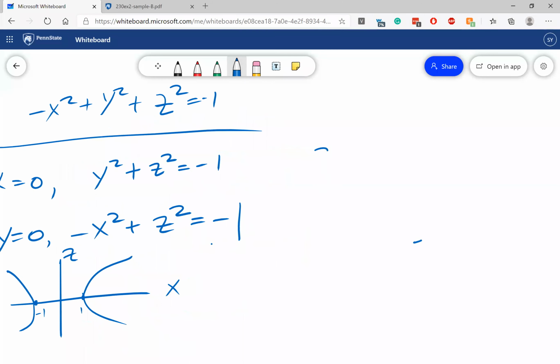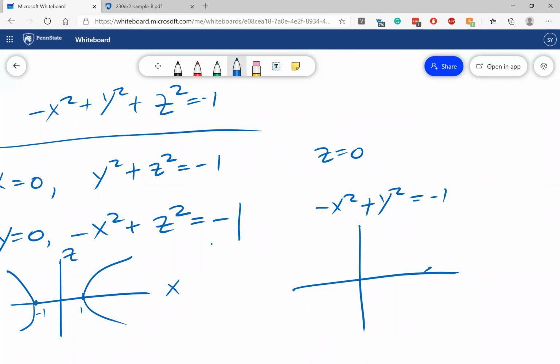And then for z is equal to 0, we would have negative x squared plus y squared is equal to negative 1. So again, we would have two hyperbolas, and again, this would be 1 and negative 1.